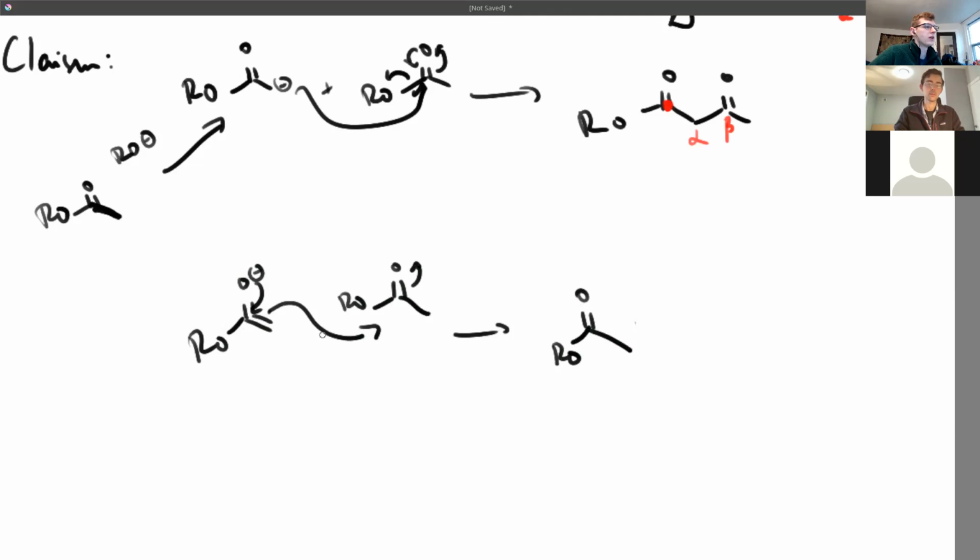And then let's see, there's a carbon here, and then that forms a bond to this carbon. So we'd have an O minus, we'd have this RO over here, and then the methyl, right? And then from there, we come down here and then pop this guy off.